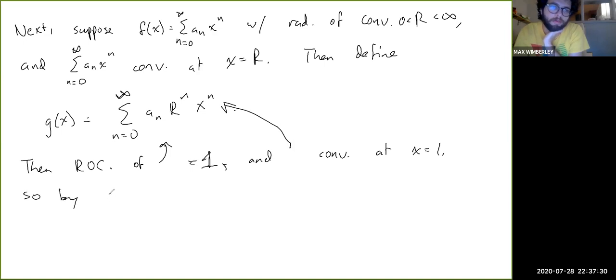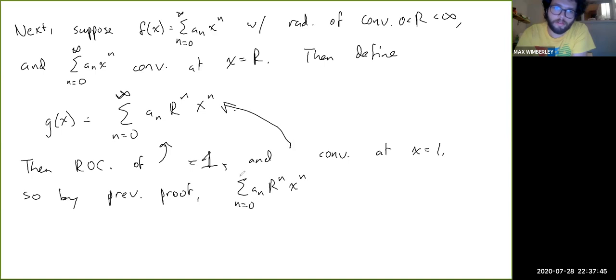So by the previous proof, this series converges uniformly on [0, 1]. So g is continuous at x equals 1.